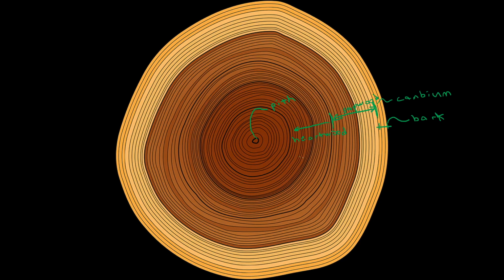And the reason the heartwood is so much darker than the sapwood is that as a layer dies off, as a layer transitions from sapwood to heartwood, various preservative chemicals are released, and these serve to protect the tree's core against rot, bugs, things like that.